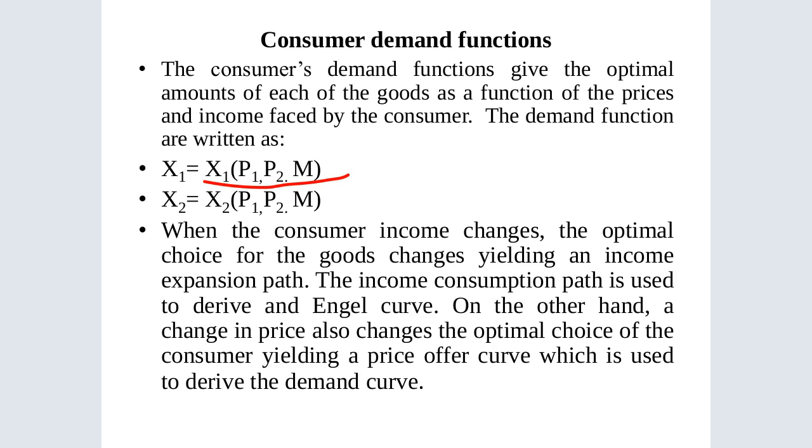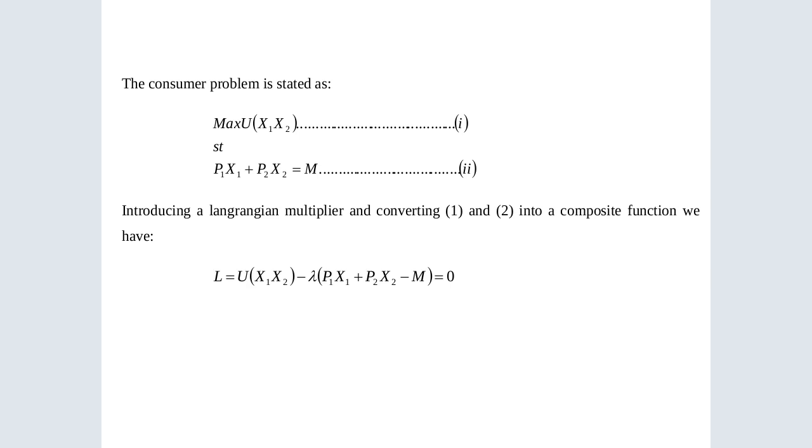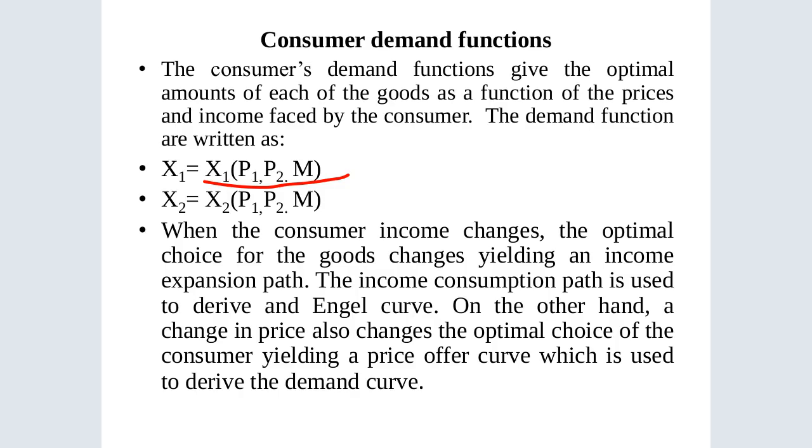So each quantity of the commodity demanded is expressed as a function of the price and the income of the consumer. From this representation here, we have the demand function for commodity 1 and the demand function for commodity 2.